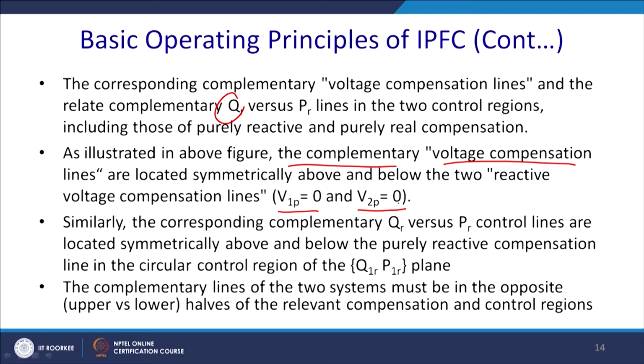Similarly, the corresponding complementary QR versus PR control lines are located symmetrically above and below the purely reactive compensation line in the circular control region of the Q1R and P1R plane. The complementary lines of the two systems must be opposite, upper versus lower, just complementary halves of the relevant compensation control region.